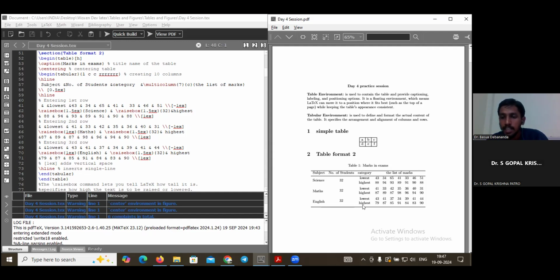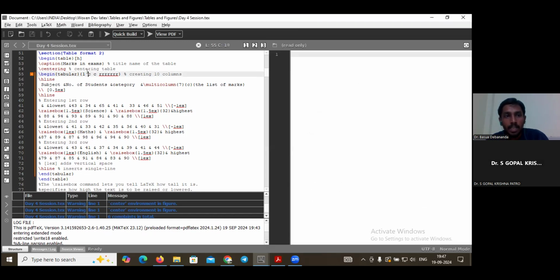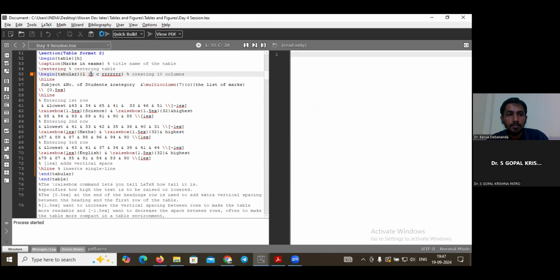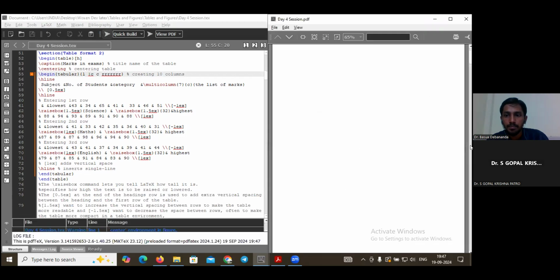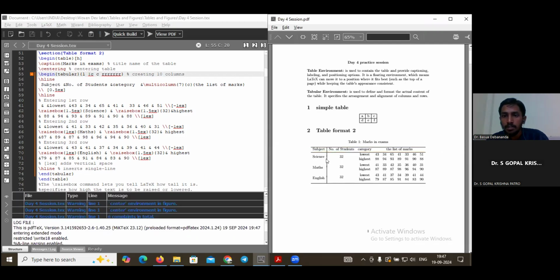If I draw the vertical line, just you can see, I am running it here. Now you can observe this line is coming.